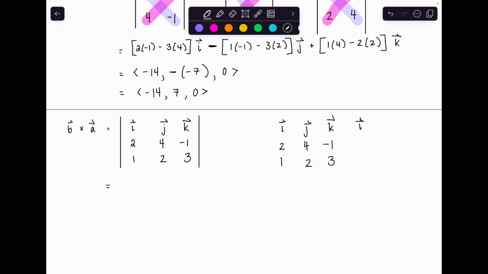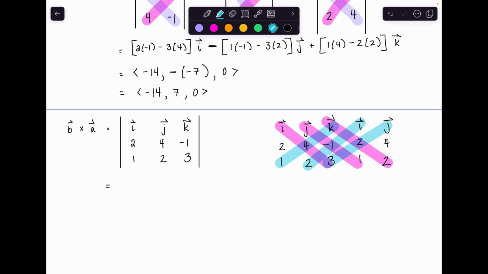So we've got I, 2, 1, J, 4, 2. What I'm going to do is mark off some diagonals here. So kind of following the dots, we've got 3 main diagonals. And then looking at the off diagonals, we have 3 of those as well.